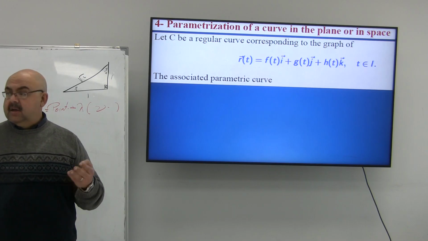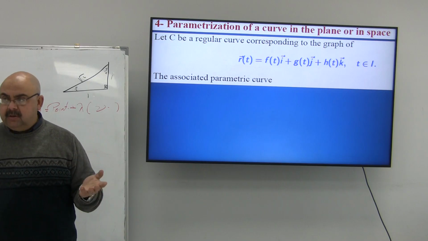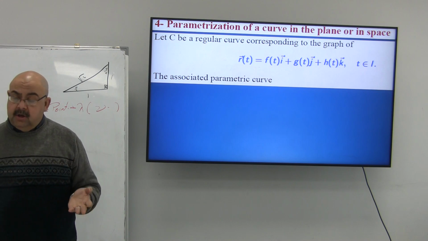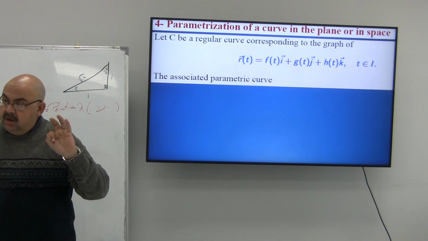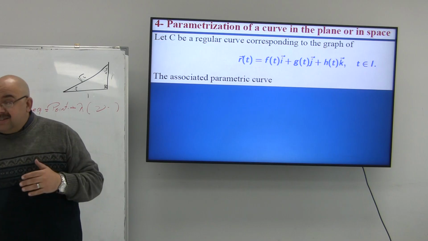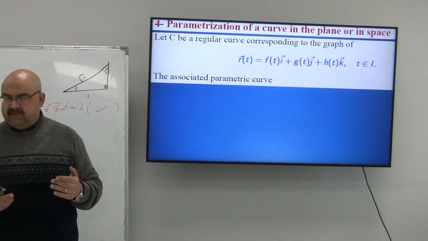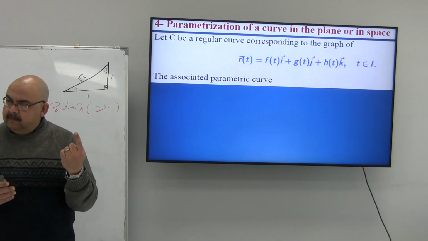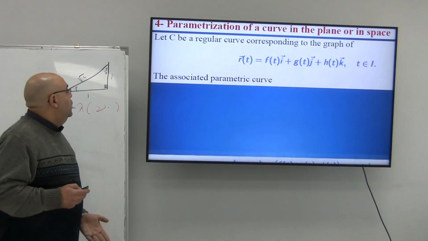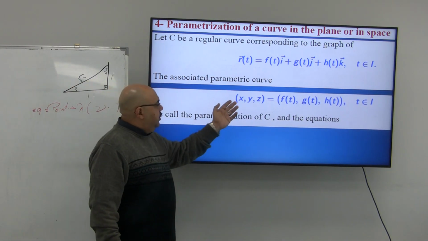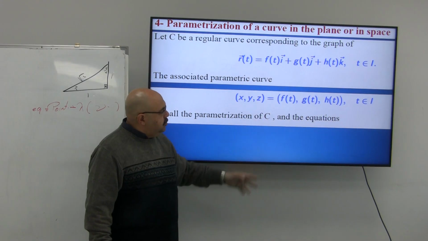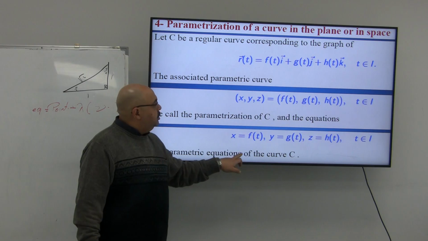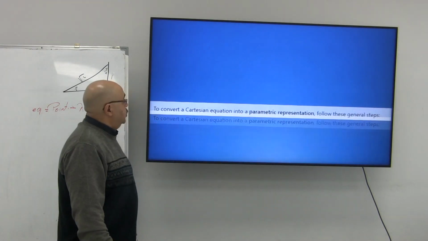Any point in 3 dimensions has 3 coordinates, so if you don't know that point, you are missing how many variables? 3: x, y, and z. But if you have x as a function of t, y as a function of t, and z as a function of t, all these 3 variables become just one variable, which is t. The associated parametric curve is (x, y, z) equals (f(t), g(t), h(t)), where t belongs to the interval of this curve, and these are the parametric equations that express this curve.